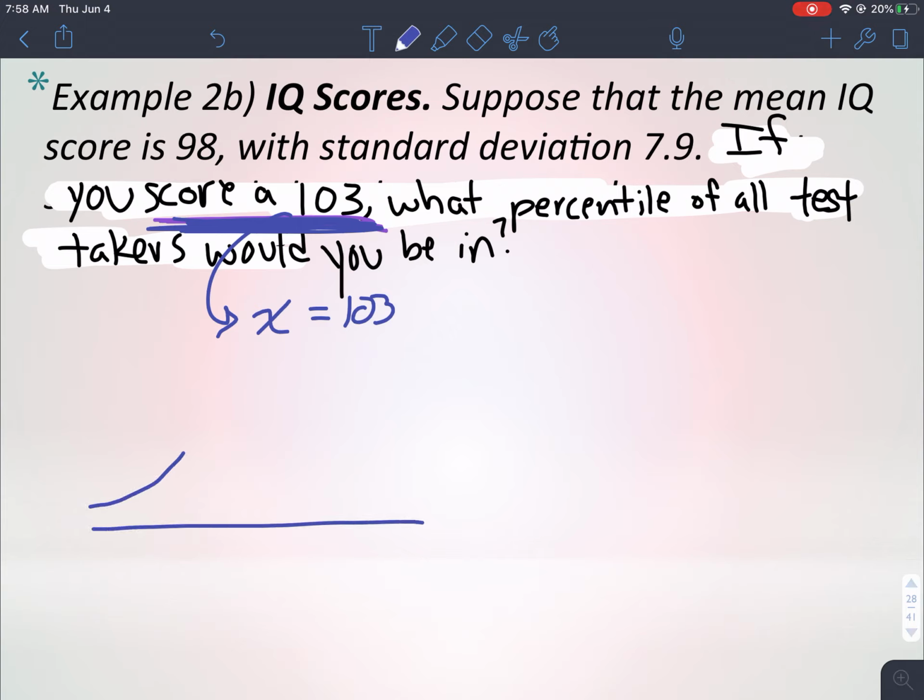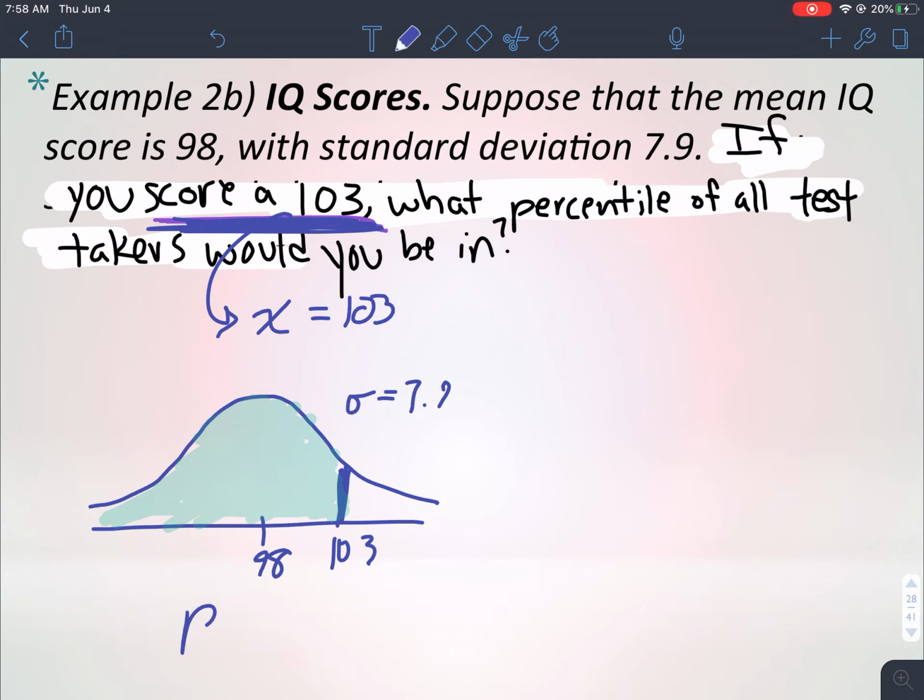But the process is the same. 103 would be above the mean. Percentiles would be to the left, so we're interested in to the left of 103.